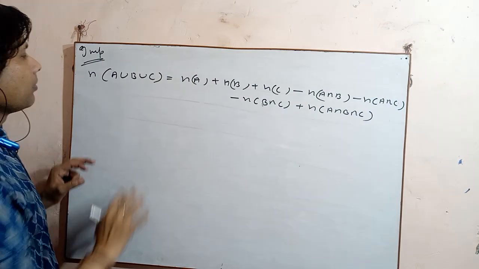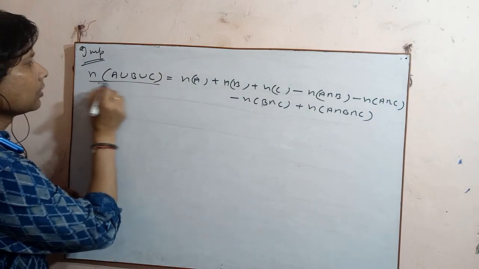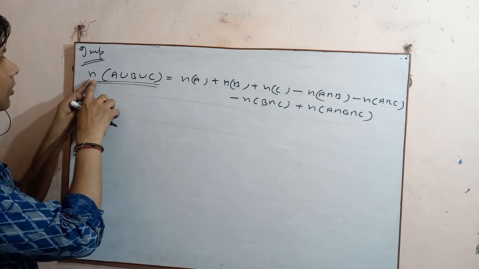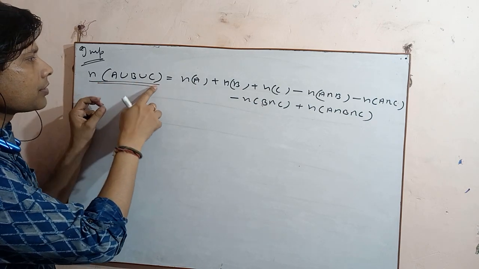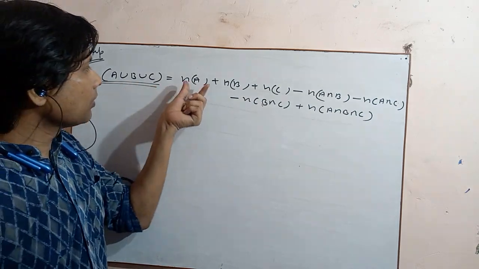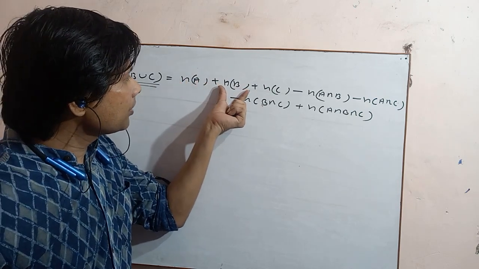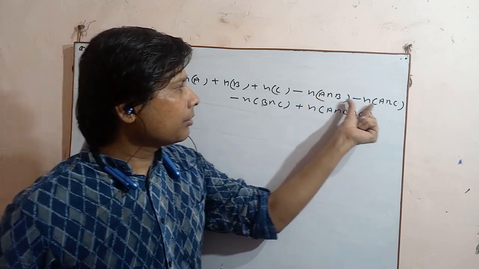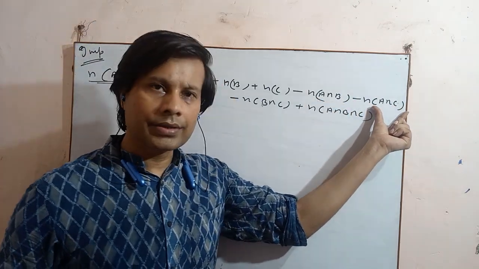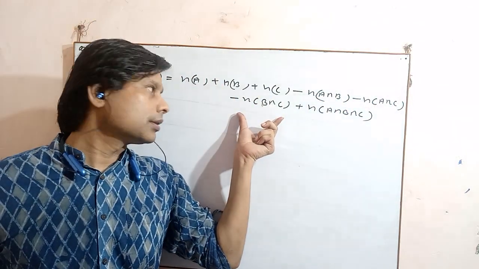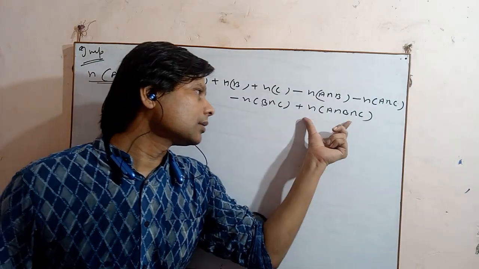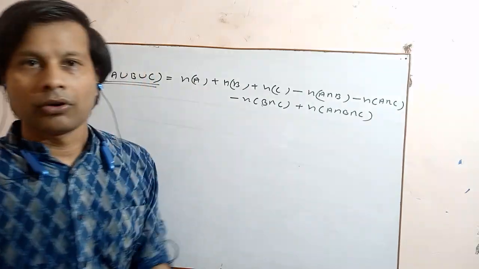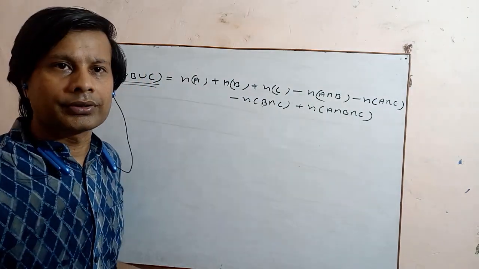This is a very important property of Venn diagram in sets, that number of elements in A union B union C is equal to number of elements in A plus number of elements in B plus number of elements in C minus number of elements in A intersection B minus number of elements in A intersection C minus number of elements in B intersection C and plus number of elements in A intersection B intersection C. Very important formula, and definitely it will come in your exam.